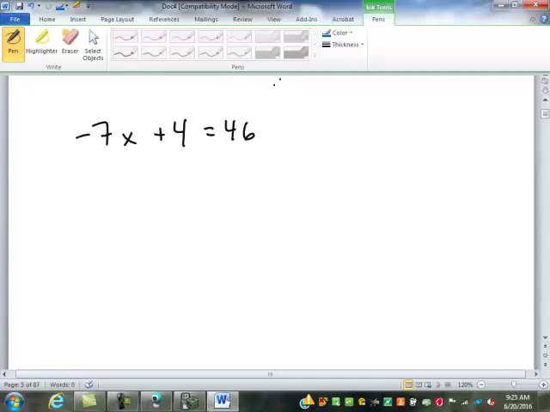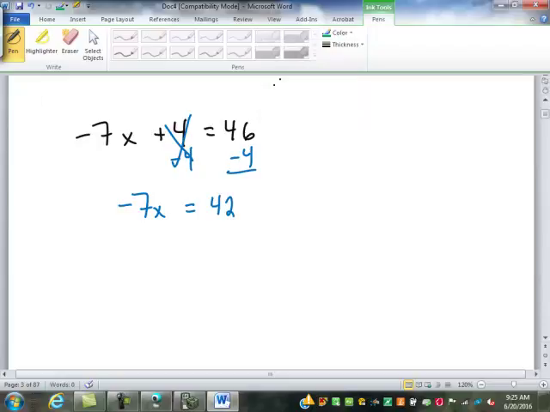Perfect. Even though there's negatives in it, we proceed just like we normally would. We have to subtract the 4 to get rid of the 4. Leaves us with negative x here, and we have to subtract 4 from the other side as well. 46 minus 4 is 42.